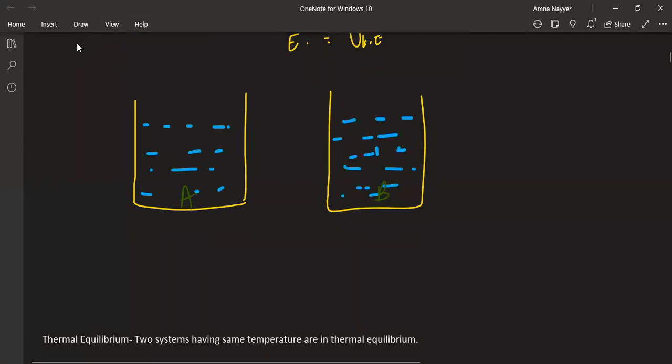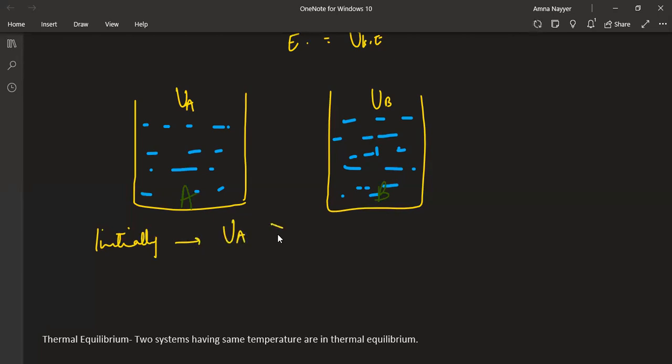Now see, the internal energy of this is UA, and this is UB. Initially, UA is greater than UB. It means the internal energy of A is very much greater than the internal energy of B initially.